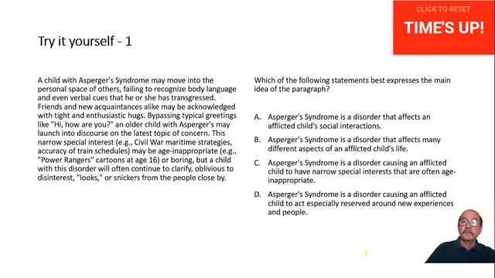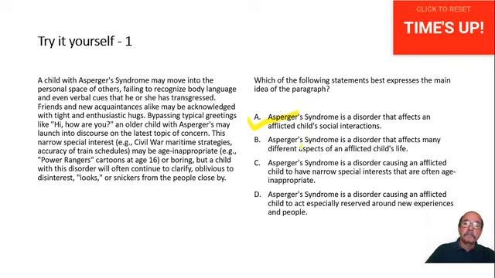Asperger's syndrome is a disorder that affects an afflicted child's social interactions? Or do you think B, C, or D are better options? Well, actually, the correct answer in this passage is answer option A. It is a disorder that affects an afflicted child's social interactions.